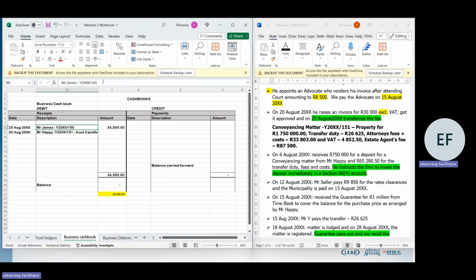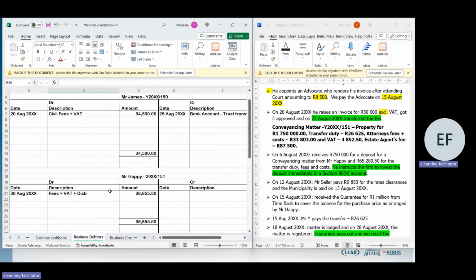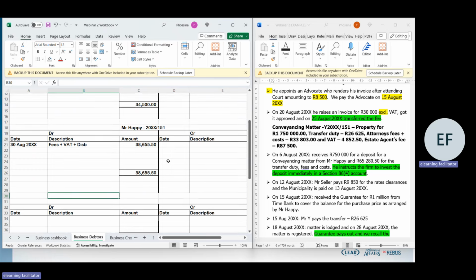Even this one was a trust transfer, so that we show it's coming from the trust account. And how much are we transferring? Fees plus VAT, 4852.57, like that. That is what we are transferring. And then this is a receipt in our book. We also go to our creditor, to our debtor, sorry, and then we show that we have received the money.